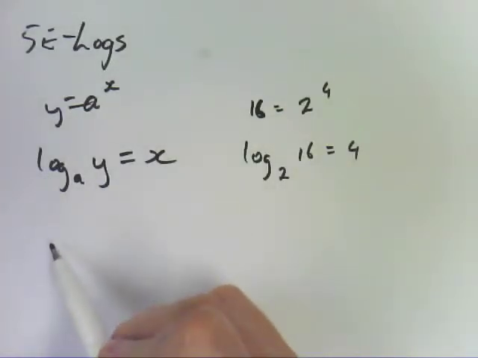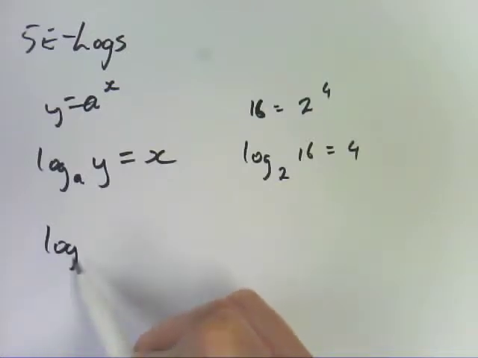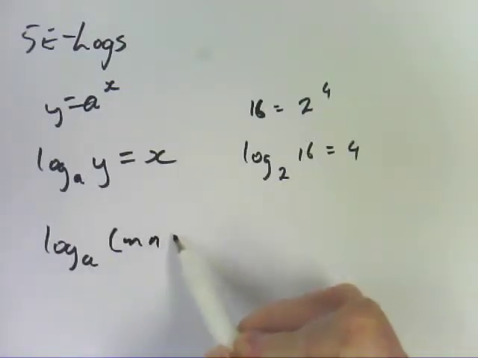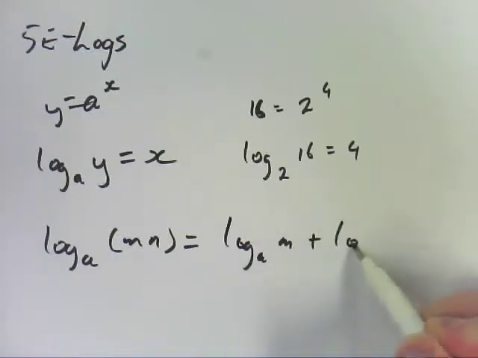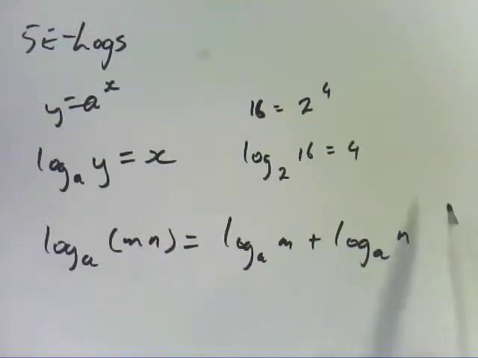So log a of m times n is log a m plus log a n. So you can separate them out. If you're adding two logs to the same base, you can multiply them in the one bracket, or if you're multiplying them, you can split them out into a plus if you want. That can go both ways. Don't forget they can go both ways.